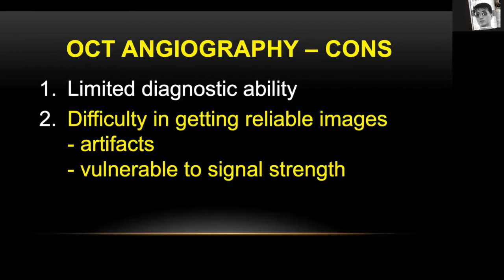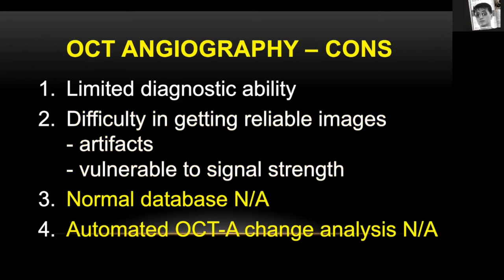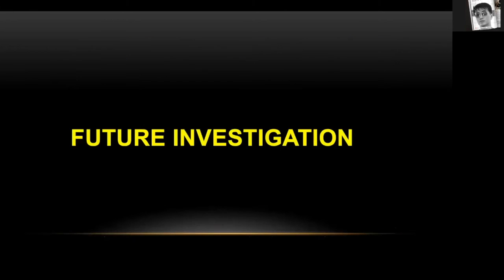It is also difficult to get reliable images by OCT-A due to various artifacts, and the OCT-A values are so vulnerable to signal strength. In addition, we don't have any normal database nor automated change analysis program available in clinic setting.